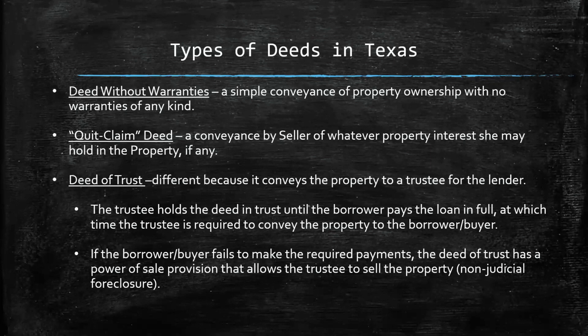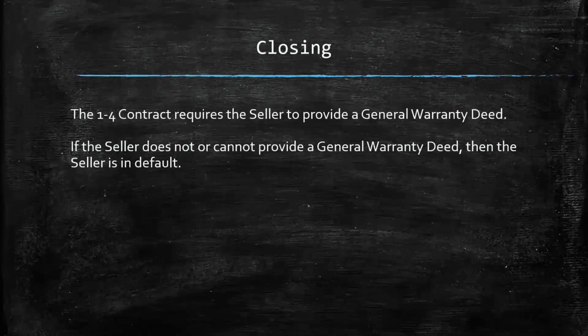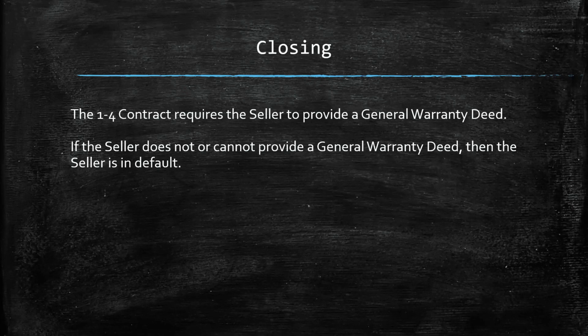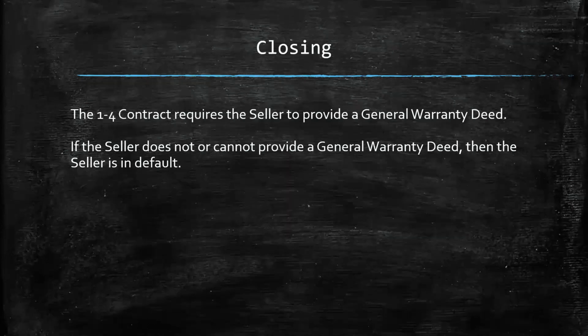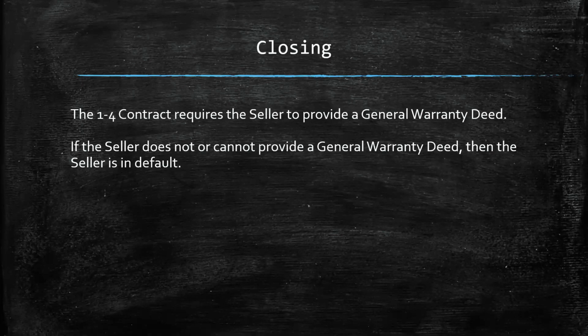So that's a quick primer on the different types of deeds. And we go back to the contract language. The 1-to-4 contract requires the seller to provide a general warranty deed to the property. If the seller does not provide a general warranty deed, or for any reason they cannot provide a general warranty deed, then under the terms of the 1-to-4 contract, the seller is in default.